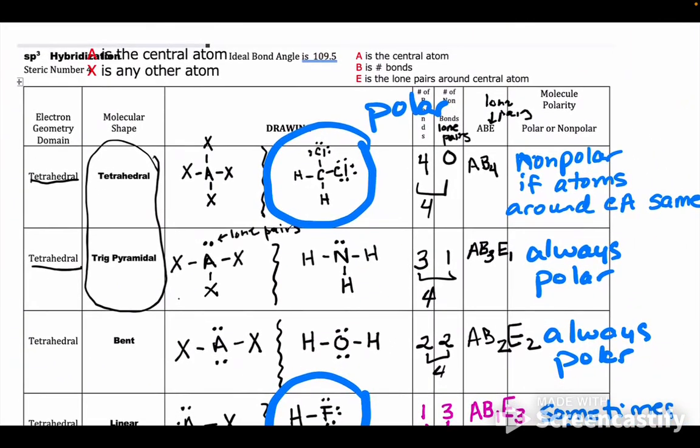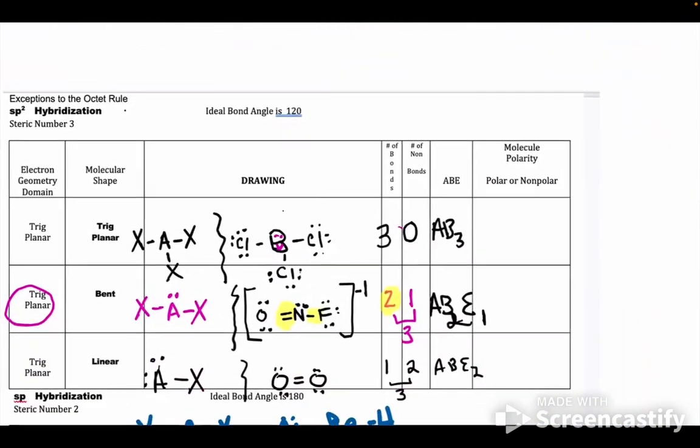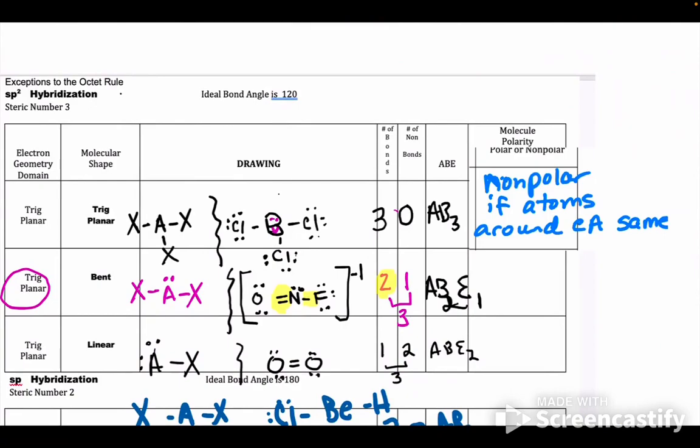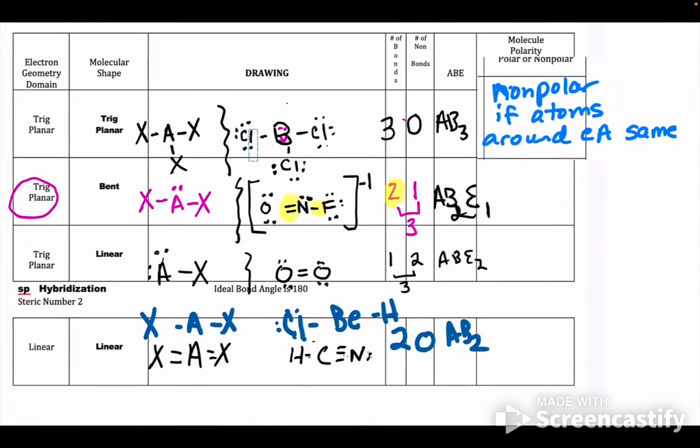So I'm going to copy this and paste, and I'll explain it again. So tetrahedral and trig planar, as long as the atoms going around the central atom are the same, then it's nonpolar. So this example is a nonpolar molecule. If one of these was a hydrogen, then it would have been polar.